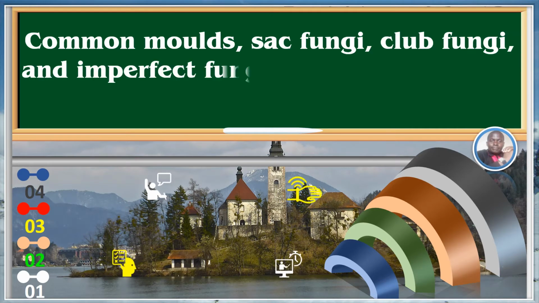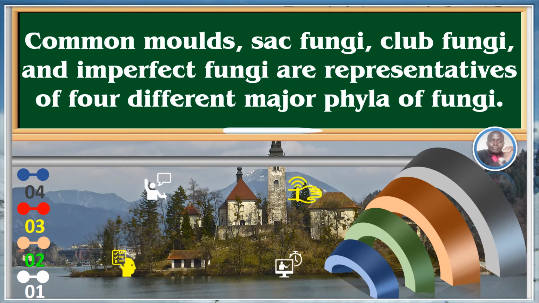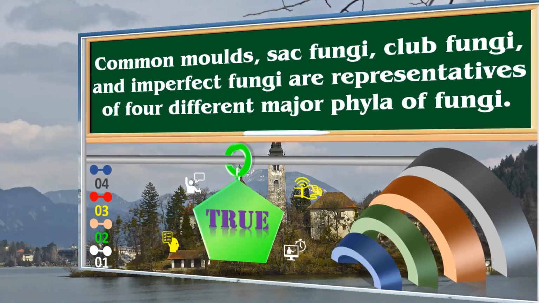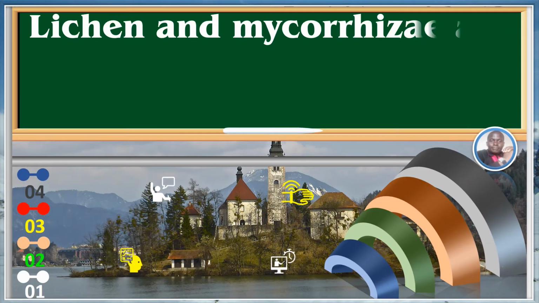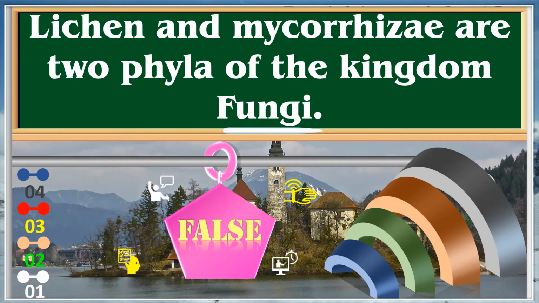Common moulds, sac fungi, club fungi, and imperfect fungi are representatives of 4 different major phyla of fungi. True. Lichen and mycorrhiza are 2 phyla of the kingdom Fungi. False.